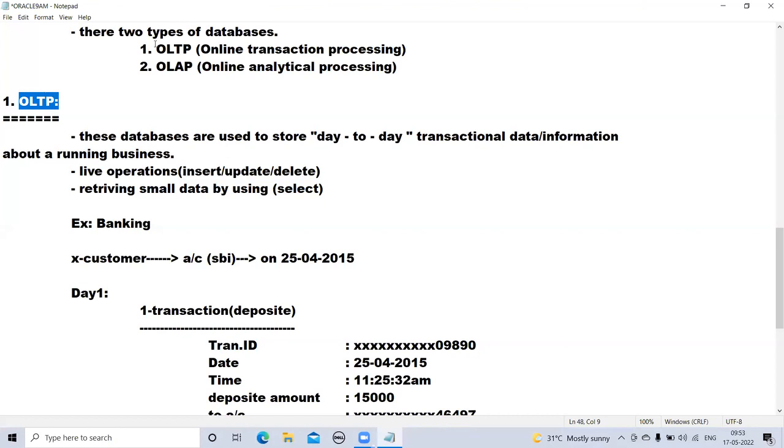Even though we can perform select operation on this OLTP, by using select we are reading only a small amount of data. We can't read a big amount of data.